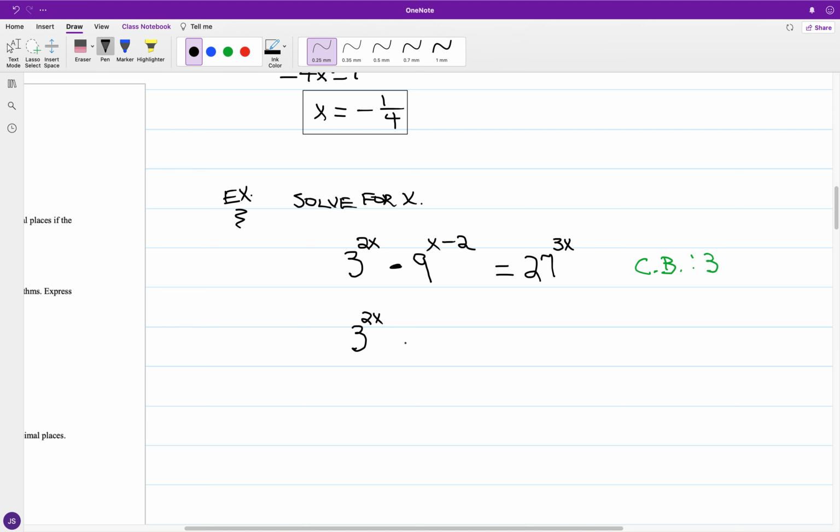Now, for 9 raised to the x minus 2, 9 is going to be 3 squared. And 9 to the x minus 2 is going to be 3 squared raised to the x minus 2 degree. For 27, 27 is going to be 3 to the 3rd. And 27 to the 3x, we have 3 cubed, and then you have raised to the 3x degree.